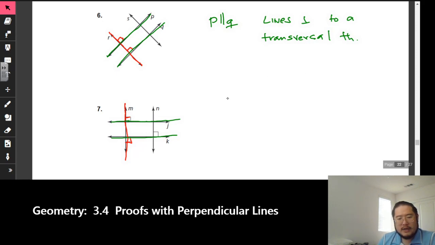So let's go ahead and say right here, since they both happen to be perpendicular or 90 degrees, I can go ahead and say that J is parallel to K. We have lines perpendicular to the transversal.